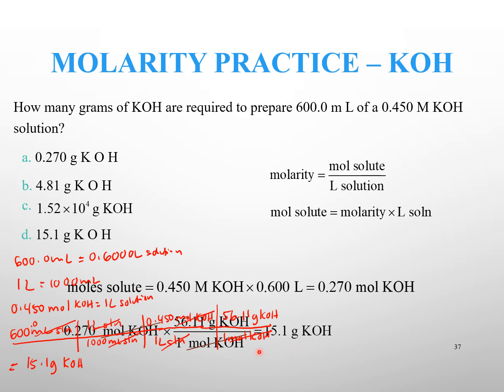I guess I should erase this top part here so you can see. But we get the same answer. Okay? Alright. So those are 2 ways to get your answer, and both of them give you the same answer.